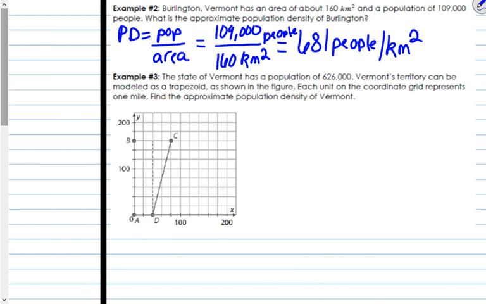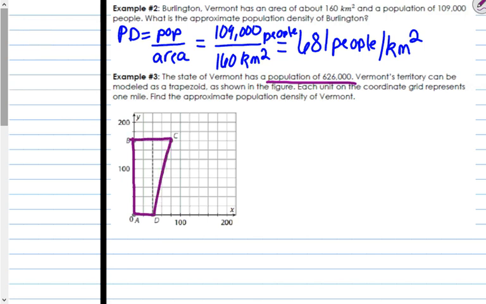Let's do another one. This one also has to do with Vermont. The state of Vermont has a population of 626,000, so we're going to need to know that. Vermont's territory can be modeled as a trapezoid as shown in the figure. So here is our trapezoid.